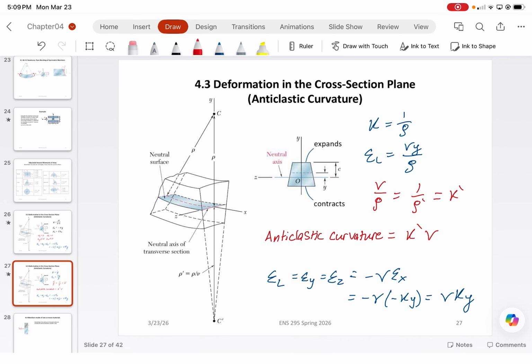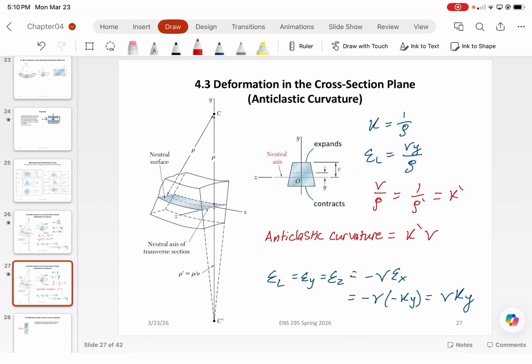These are the lateral deformations that would be experienced within this cross-section. Any questions about this? This doesn't become too significant in certain aspects of design, but it is important to understand that even though we're dealing with flexural members, they can still deform laterally, and they're a function of the curvature of the beam.